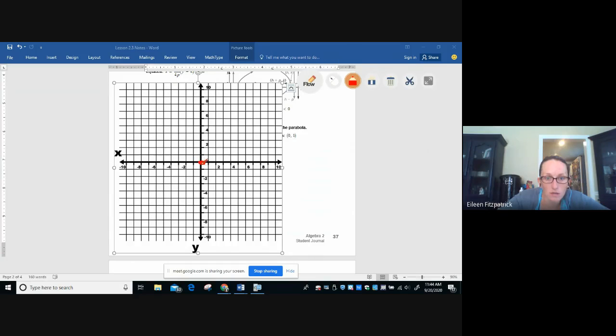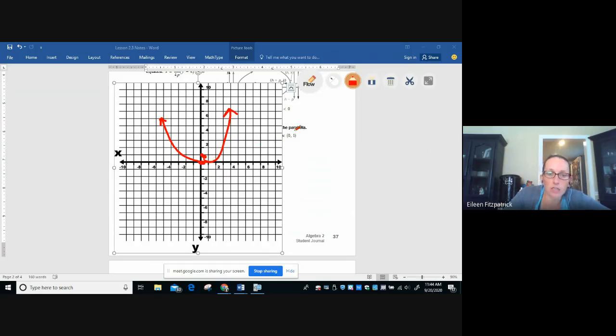Vertex is at 0, 0, and your focus is at 0, 1, which is just above right here. Again, I don't really care how wide the parabola is. I do know that the focus has to sit inside the parabola. So that lets me know that my parabola is opening up like this, some way, shape, or form.